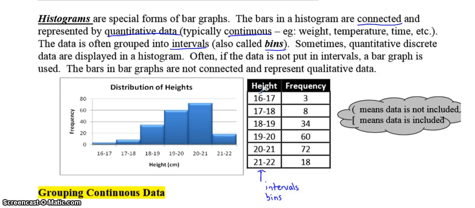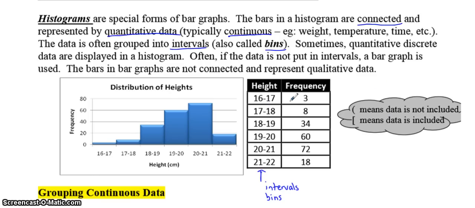If we have here a height of 16 to 17 centimeters, whatever the data is, so 16 to 17, and then it's continuous right to the next bar, which is 17 to 18, because you wouldn't be able to differentiate. You can't just say 16 to 16.9, because you can have 16.99, or you can have 16.999, or you can have 16.9999999.